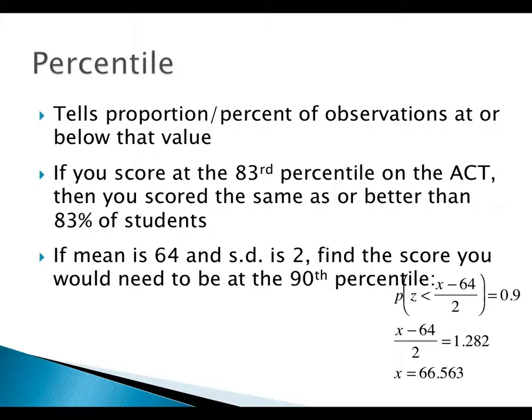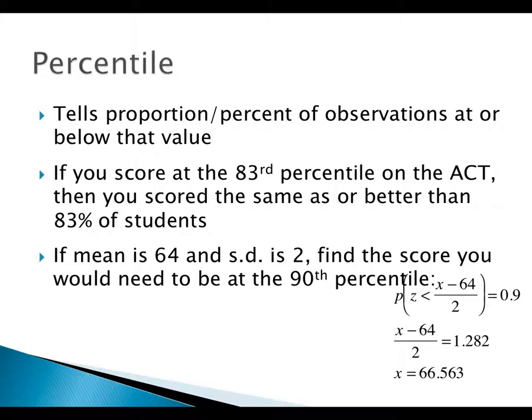So then you do inverse norm of 0.9, and that gives you 1.282, and then you use the z-score formula to convert it back to a test score. Do you guys remember what inverse norm does? No. Okay, so you remember how with normal CDF you put in two bounds and it'll tell you the area in between?